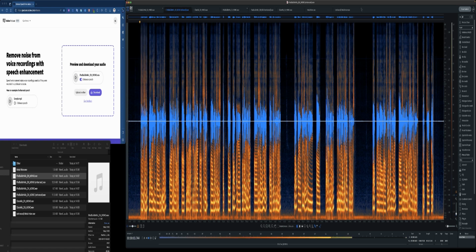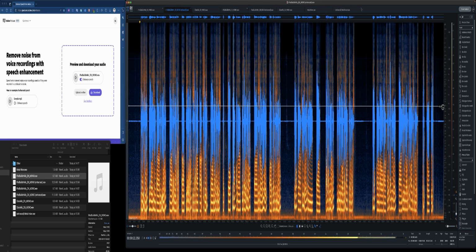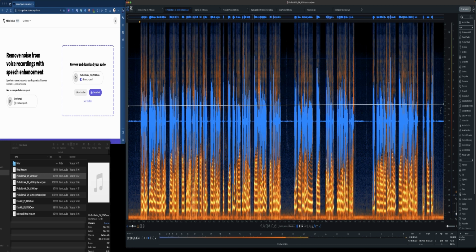Test 1 2, test 1 2. Now we're using the built-in microphone inside of the iPad. This is an older iPad. This is iPad 6th generation, about 9.7 inches. All right. So now I am a little far away from the iPad. This is about 1 meter away, but directly facing the microphone.